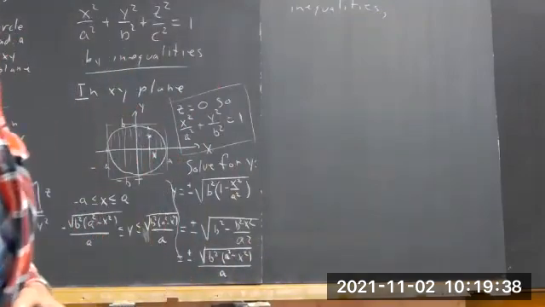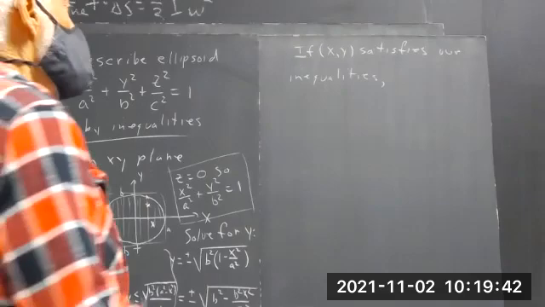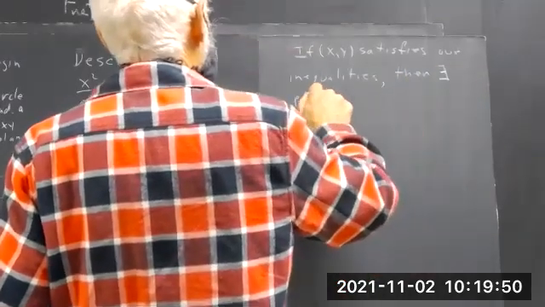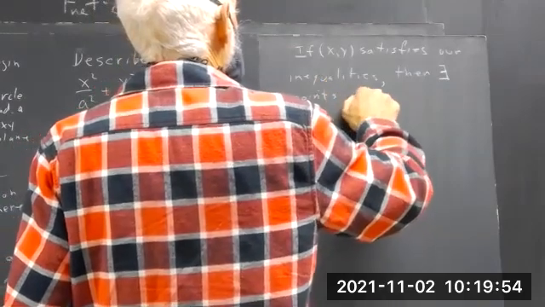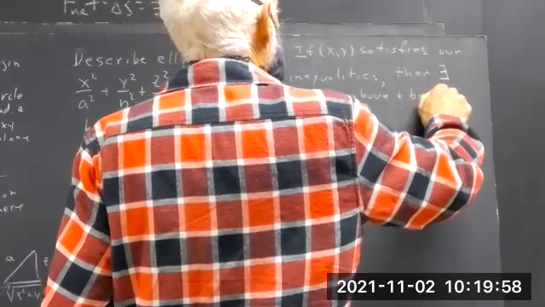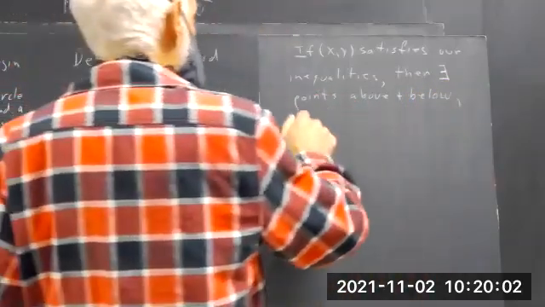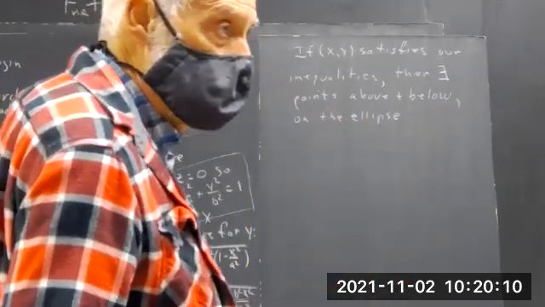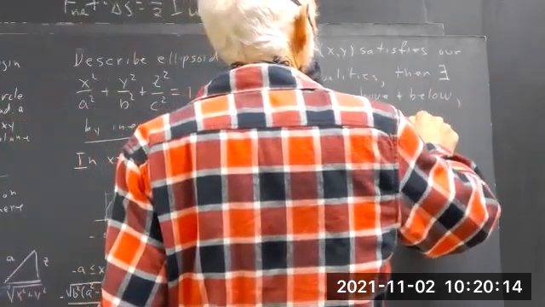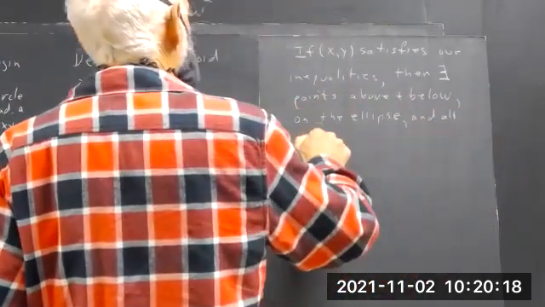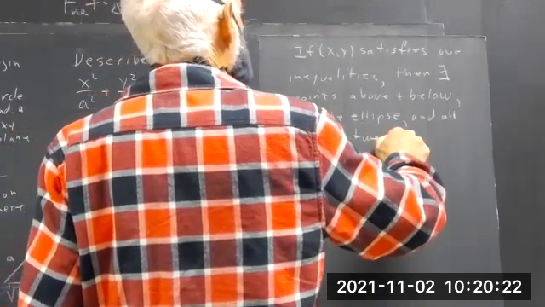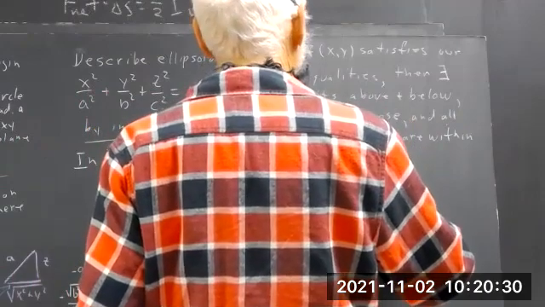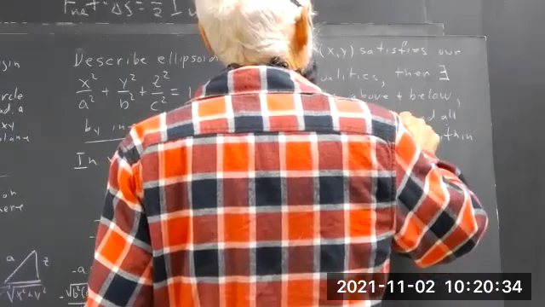I can prove a bigger statement. If x, y satisfies our inequalities, and there's this point above and below on the ellipsoid, and all points between. Okay, I didn't say that right.